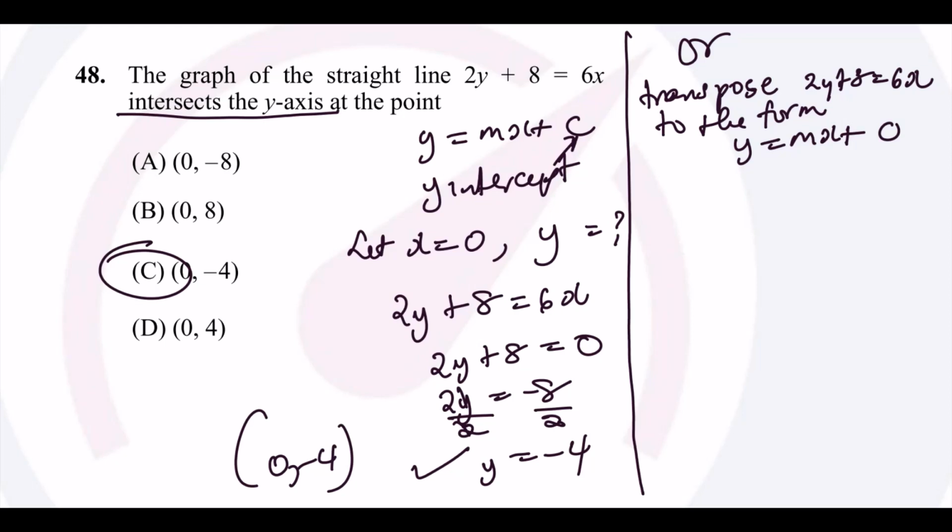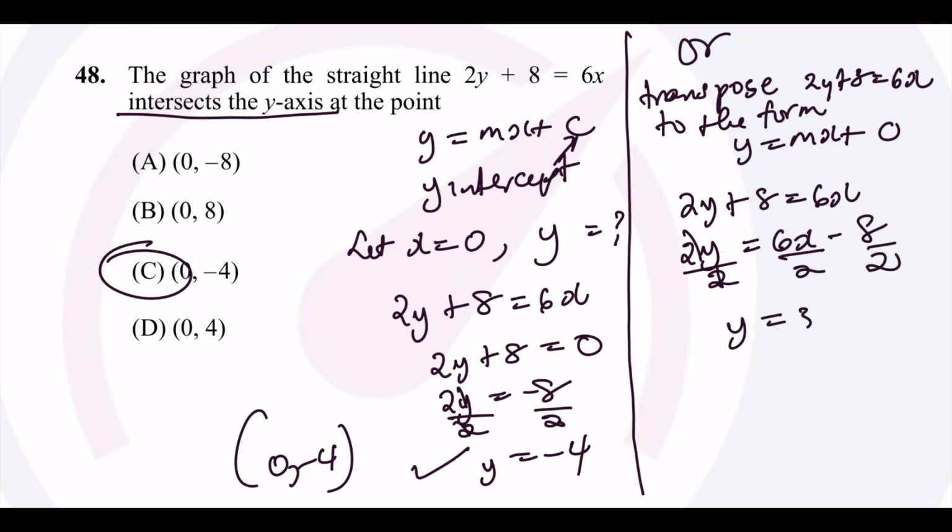So let's transpose it quickly. So we have 2y plus 8 is equal to 6x. Now we can easily subtract 8 from both sides of the equation. So we have 2y is equal to 6x minus 8. And we know that the y must be by itself. So we divide both sides by 2. So we have 2.